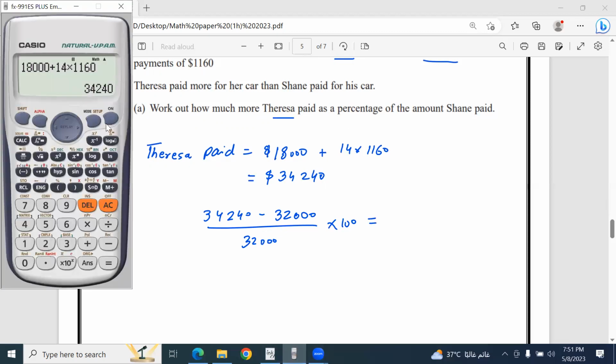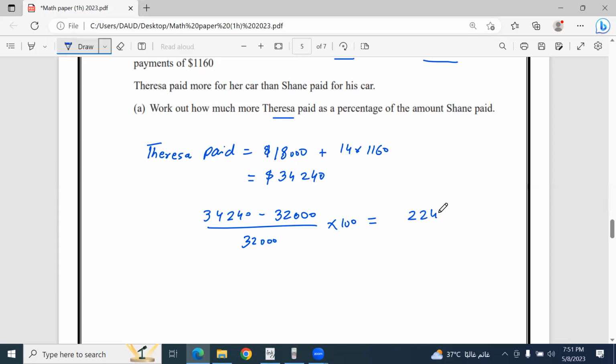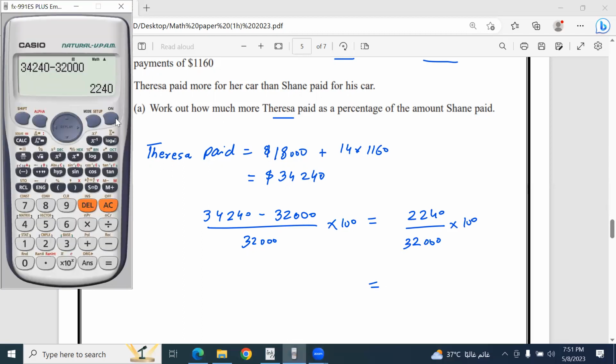Okay, so here I will find out 34,240 minus 32,000 gives me 2,240 divided by 32,000 multiplied by 100, and it gives us what?